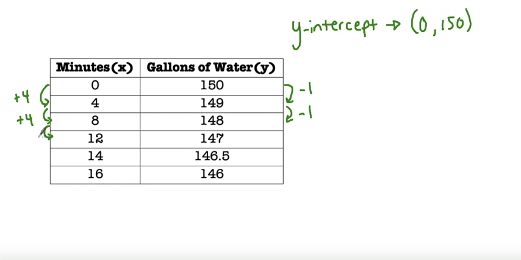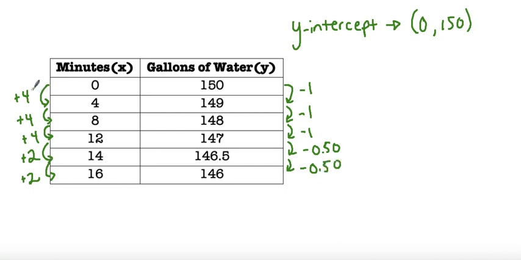After another 4 minutes, we have another decrease of a gallon. After 2 minutes, it decreases by half of a gallon. And then after another 2 minutes, it decreases by half a gallon.